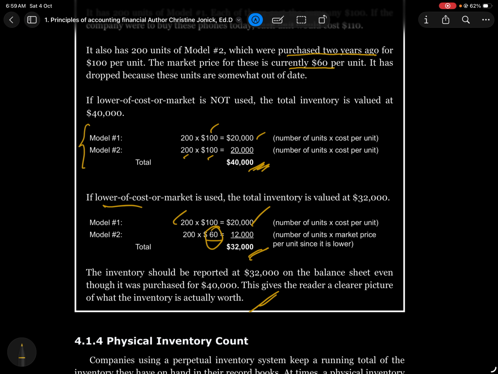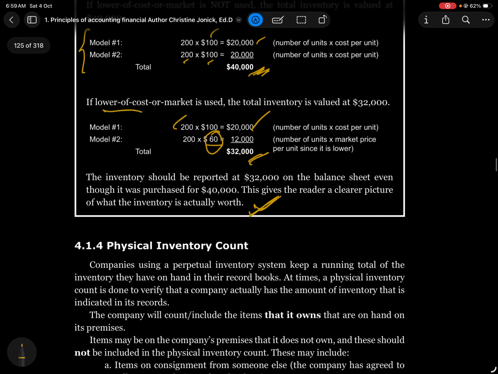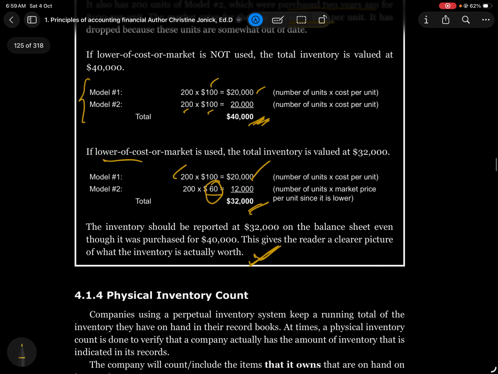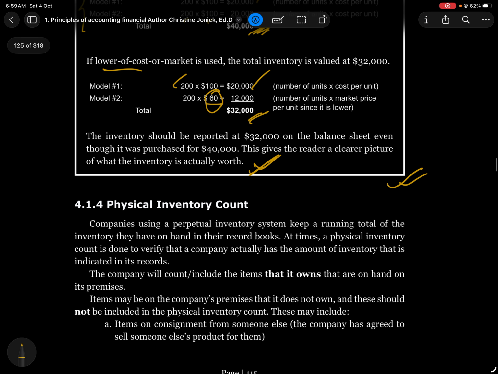Next, it's a good to know thing, but understanding the perpetual and physical inventory system is more important.